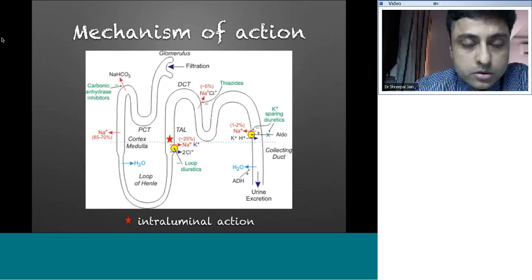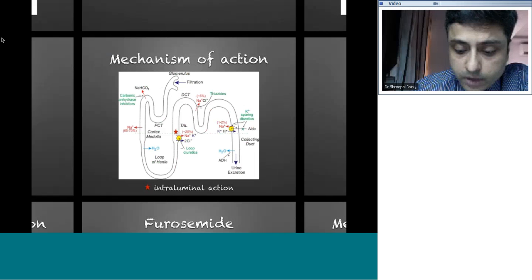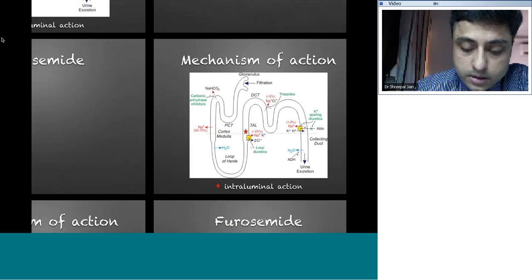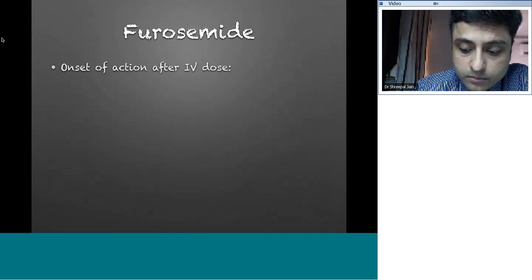So can anyone tell me, how does furosemide reach the distal convoluted tubule? Is it via the blood channels?